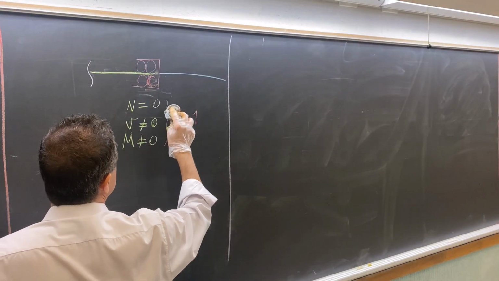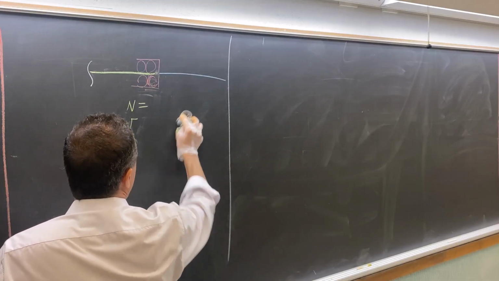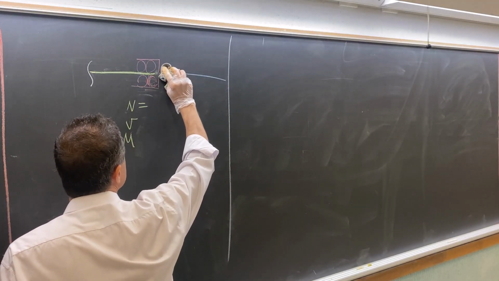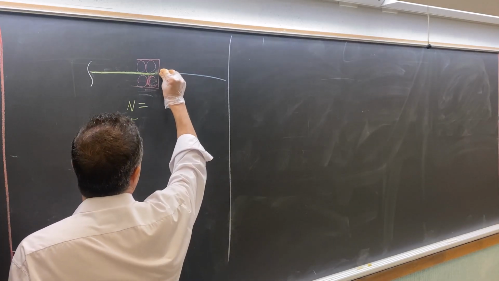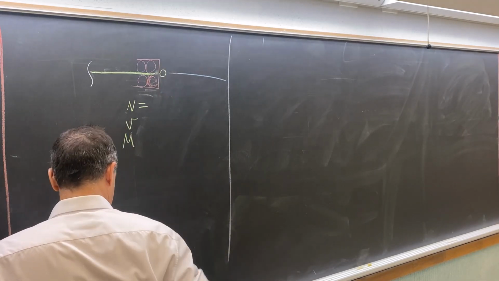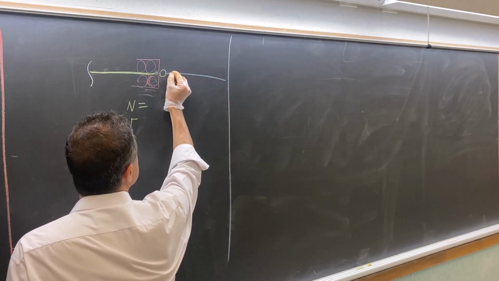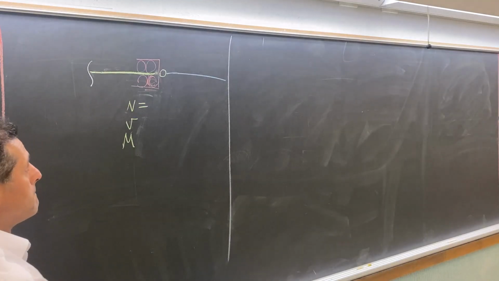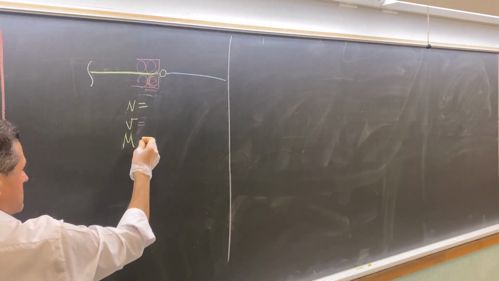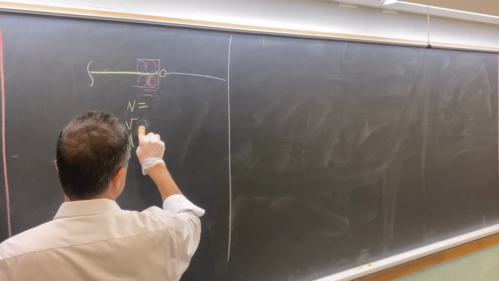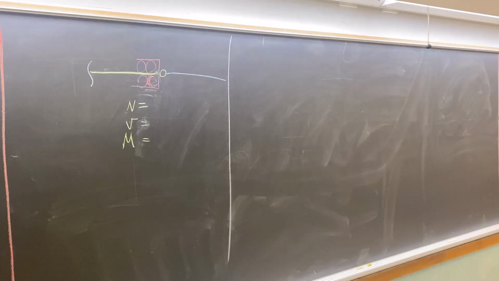So now I'm going to change this connection and reconsider this. I just put a pin here. Now, what is the difference? N is 0 or not? I'll give you time to think about it.